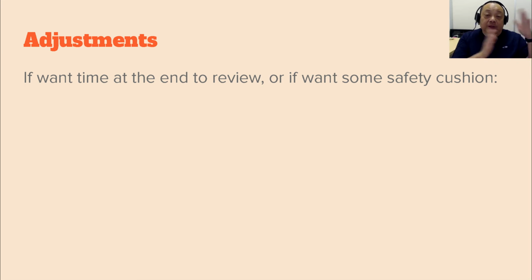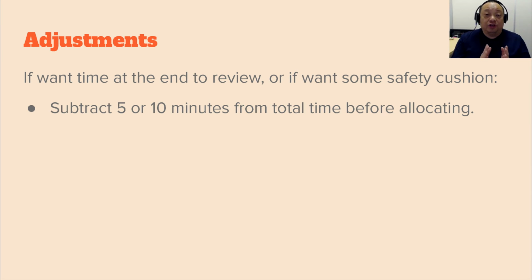You can consider the previous 3 examples as basic examples, and the next 2 examples are more intermediate and advanced. First adjustment is maybe you want to reserve some extra time, either so you can go back over the test at the end, or maybe build in some cushion just for safety. For that, it's straightforward. Just subtract 5 or 10 minutes from the total time before allocating.